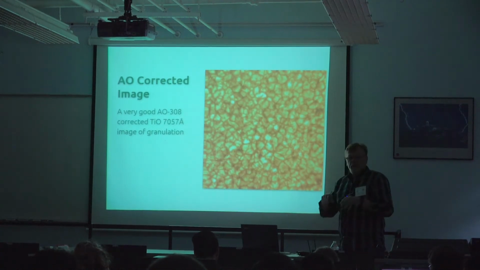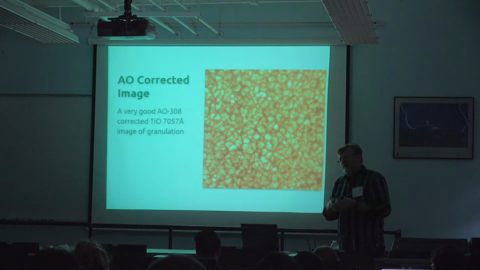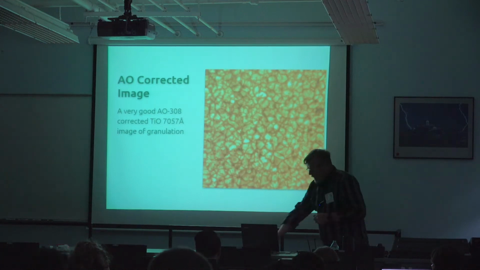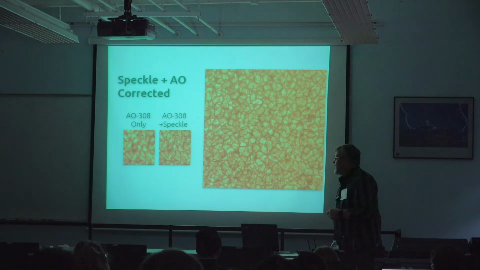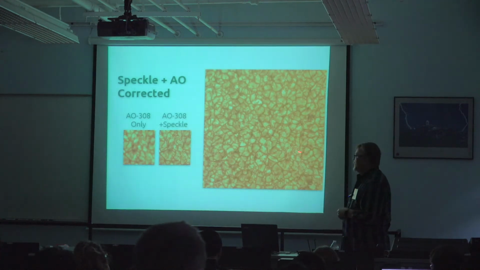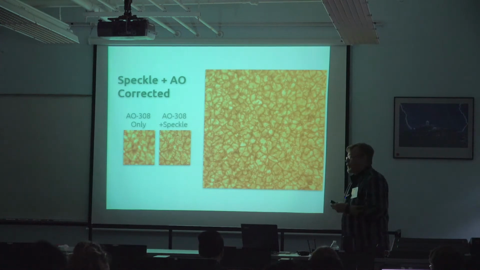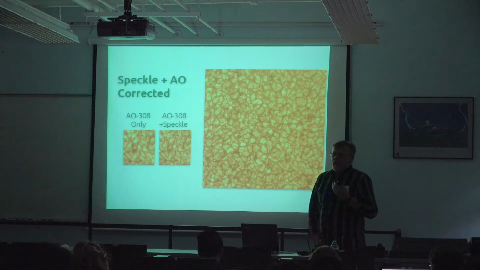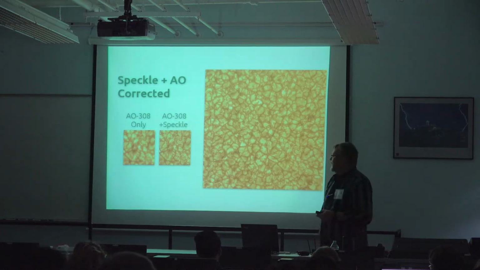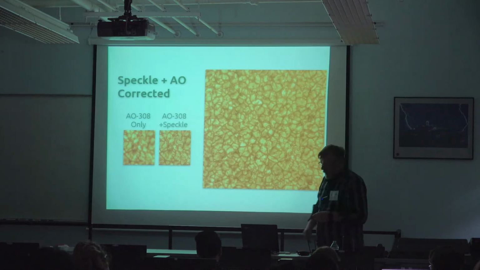Sometimes it's interesting to understand their dynamics, how they move, how they change, how they evolve, because in many cases it determines, let's say, energy release on the Sun. Again, when we do speckle reconstruction, it gets a little bit sharper. Here you can appreciate the difference between those two images, only AO and AO plus speckle. The bright points are very sharp. Now you can do some automatic detection or tracking of those elements, or whatever you want to study.